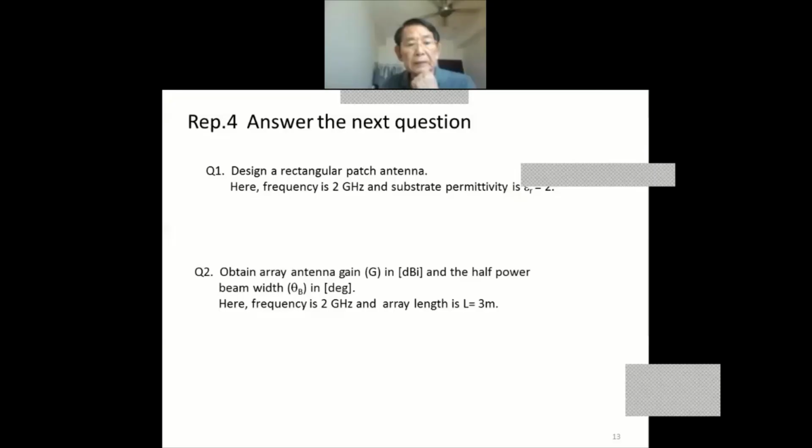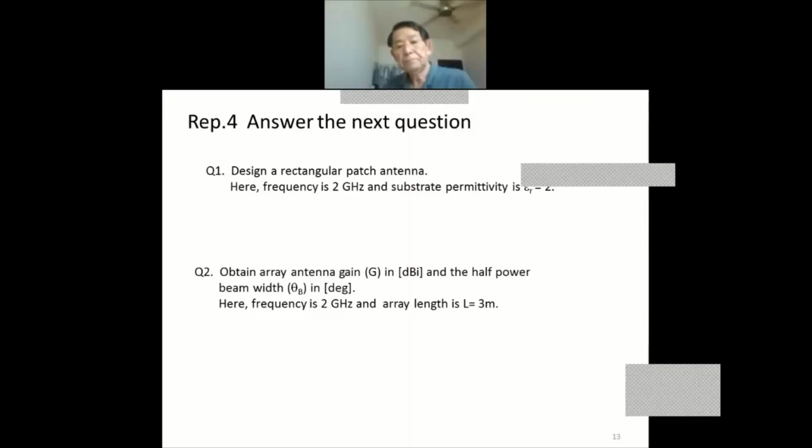So finally, this is report 4. Answer the next equation.